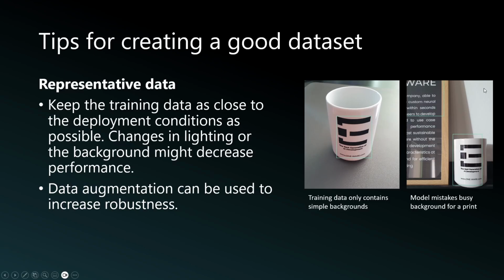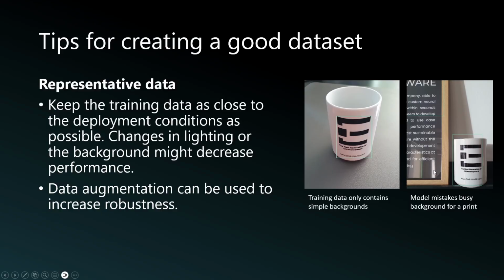For example, here on the right, I intentionally created a data set that wasn't representative. All I did was record cups, and they were all on the same plain background. And this approach worked well for the training data.